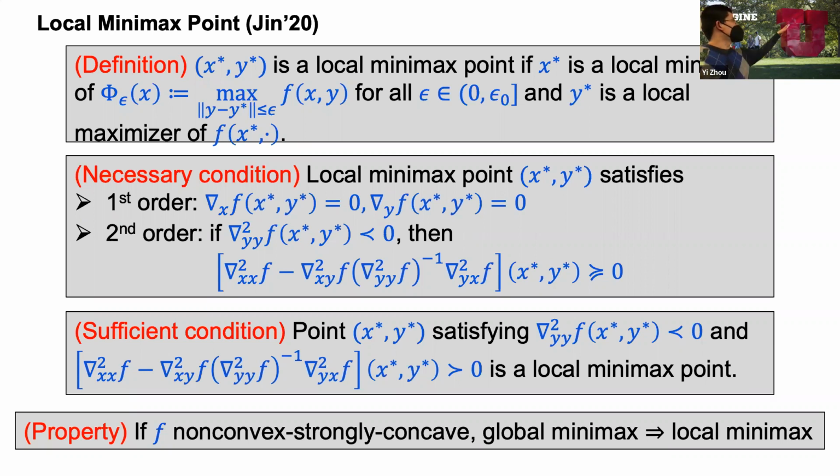So even though this is a localized definition of global minimax, they could be very, very different. So the local minimax is not necessarily a subset of global minimax. That is the counterintuitive part. But under these non-convex, strongly concave conditions, global minimax is guaranteed to be local minimax.